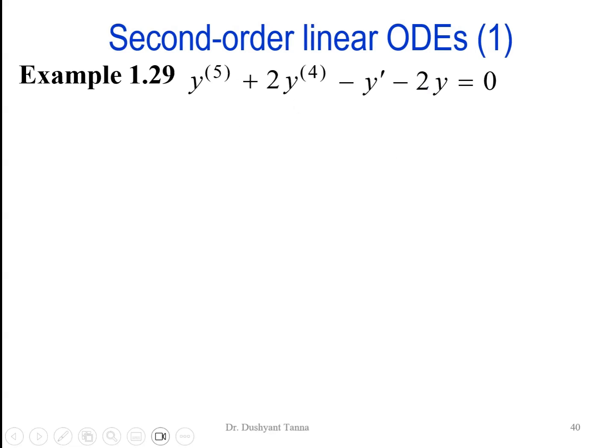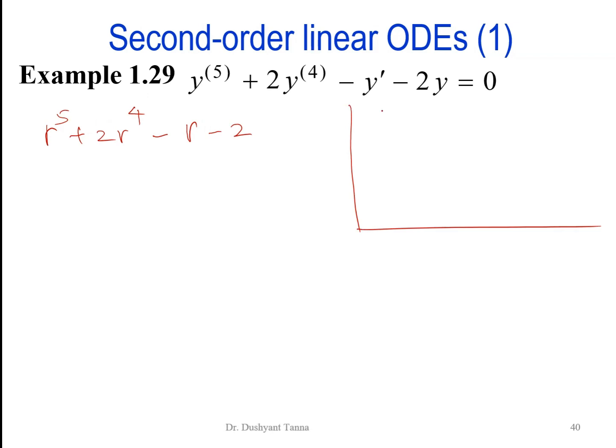So y5, that is a fifth order differential equation, plus 2y4, minus y dash, minus 2y. Let's form the equation from here. Okay, so we will say r5 plus 2r4 minus r minus 2. If you struggle, call it D, and D form will help you.